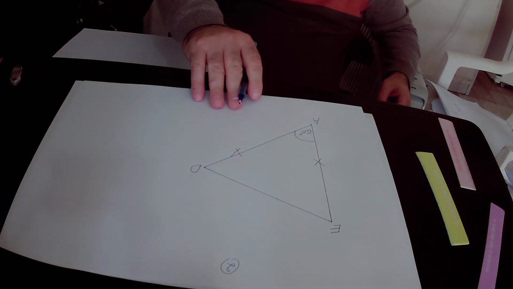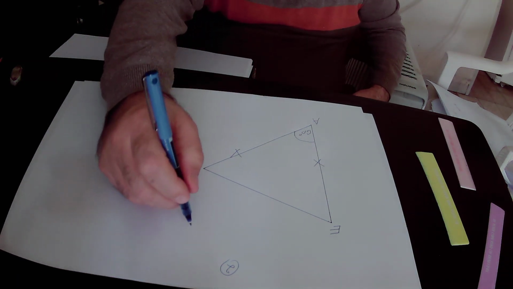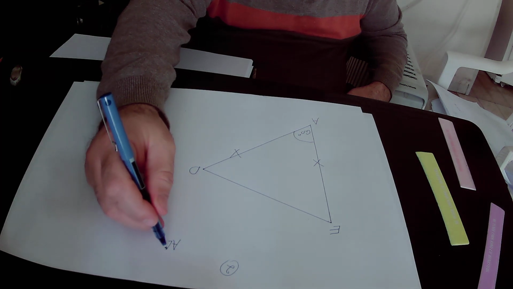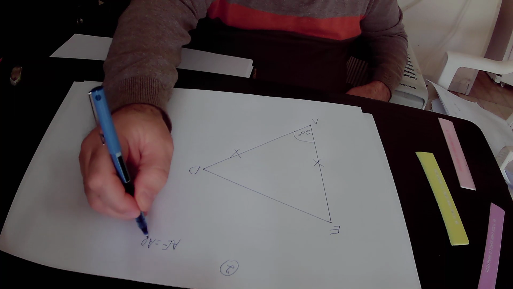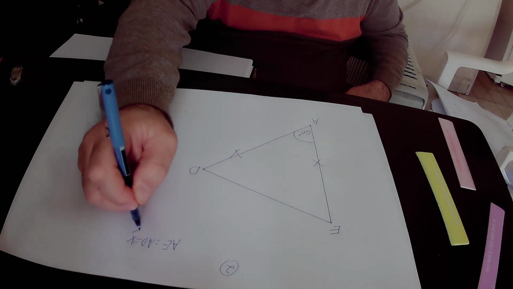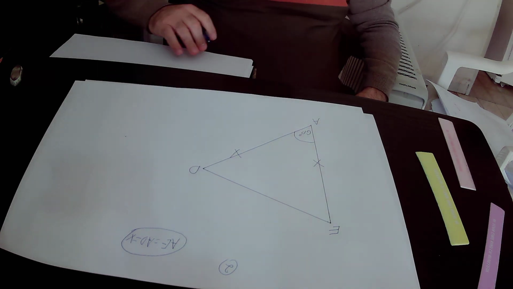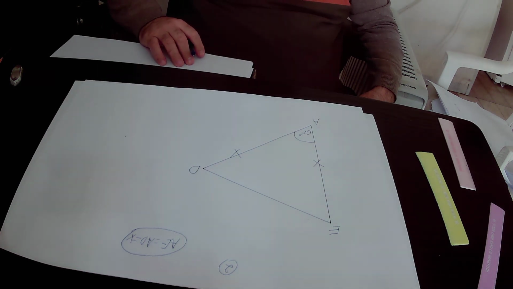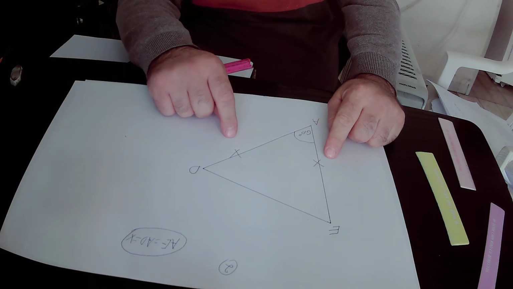So this is triangle AED. We know that AE equals AD equals x. We have the rule that in front of equal sides in the triangle there are equal angles. So those two sides are equal to each other.